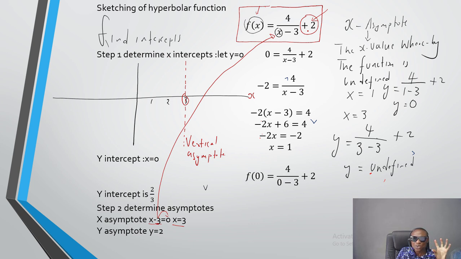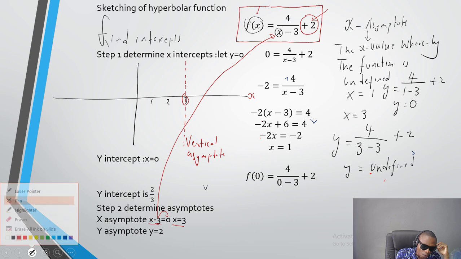When we say y asymptote, we are referring to that value of y for which there is no value of x that can map to it. So when y is 2, we cannot find any value of x that can give us the value of y being 2.